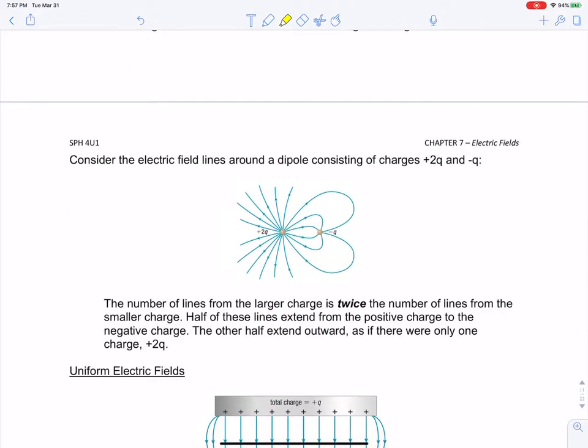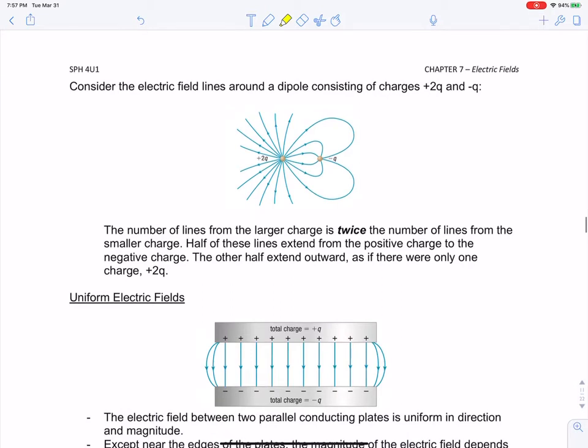Let's consider the electric field lines around a dipole consisting of positive 2q and negative q. The number of lines from the larger charge is twice the number of lines from the smaller charge. Half of these lines extend from the positive charge to the negative charge.